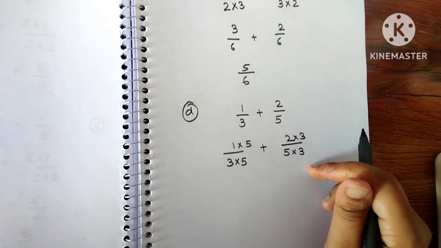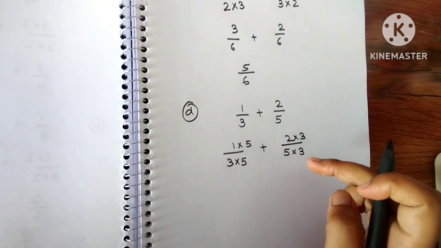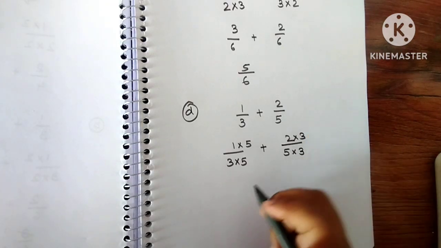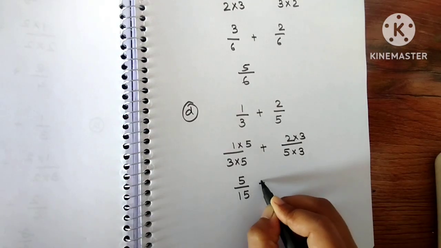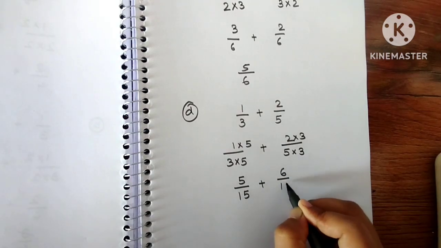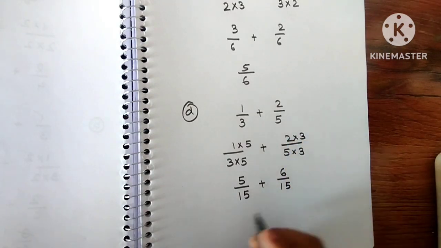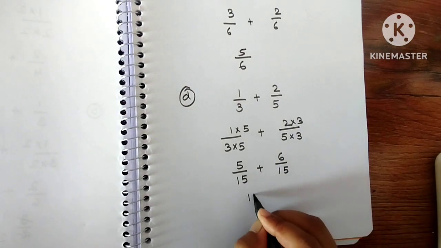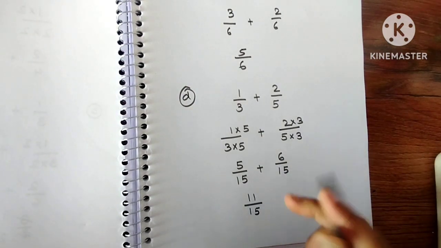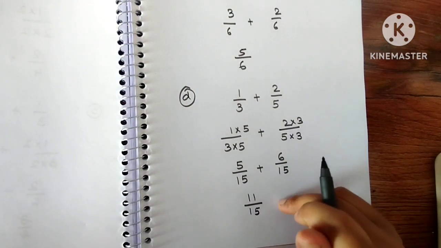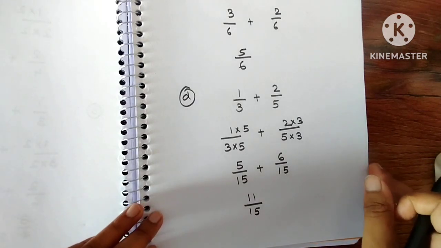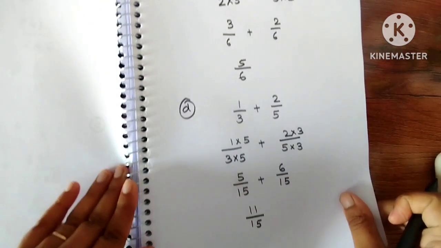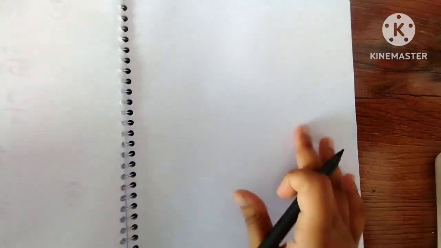Whatever number you are using for multiplication, always remember to multiply in the numerator also. So this will become 5 upon 15 plus 6 upon 15. 3 twos are 6. So this will give you 11 upon 15. 11 and 15, can you divide them? No, 11 is a prime number. So my answer is 11 upon 15. Okay. Now let's do some questions for subtraction.